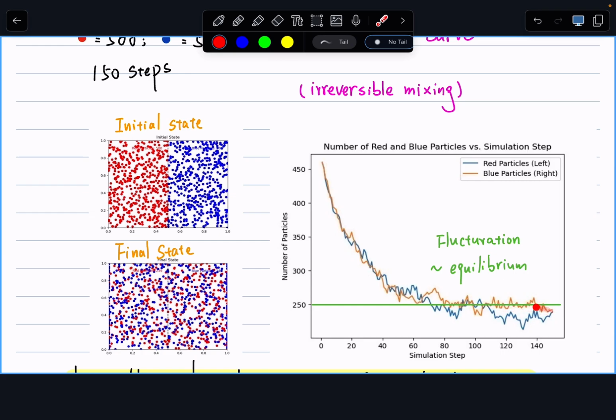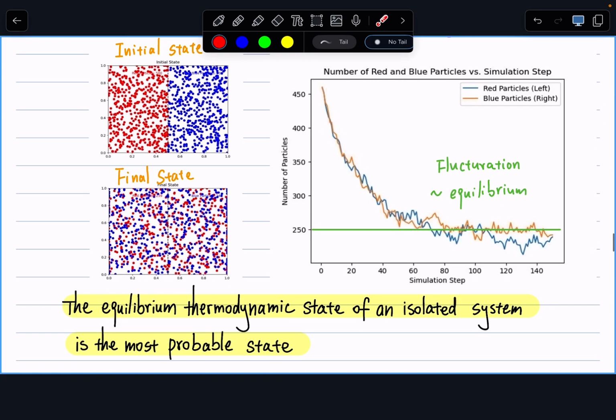All right, so at equilibrium, the equilibrium thermodynamic state of an isolated system is the most probable state. If we ask the simulation to take an infinite amount of time, to run for whatever time we like, most likely we will end up in some kind of final state like that.